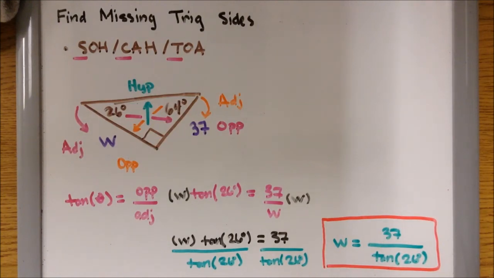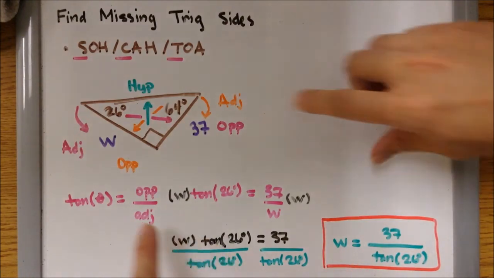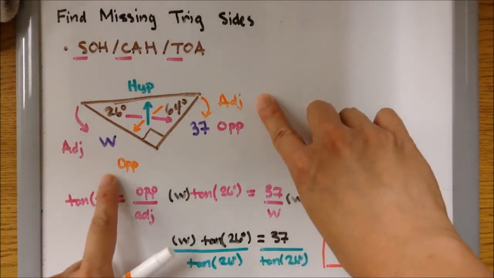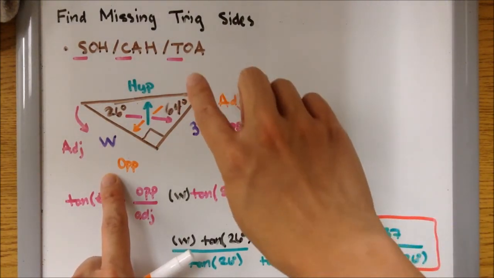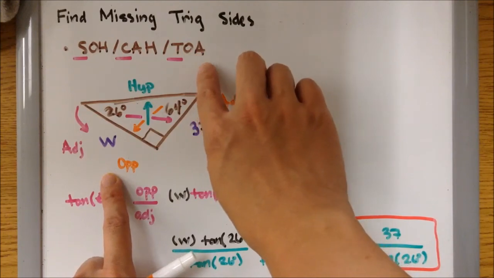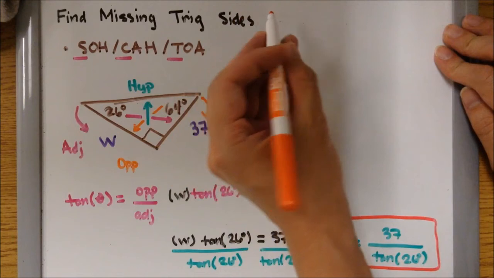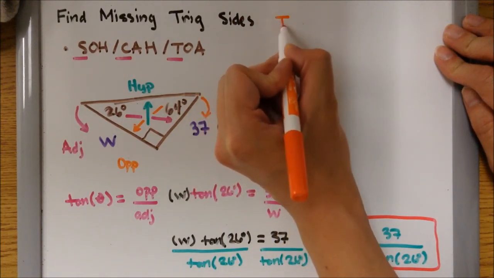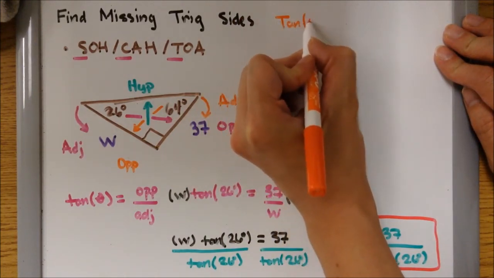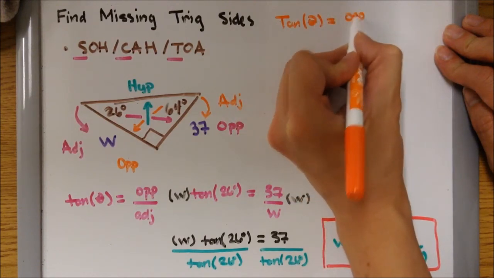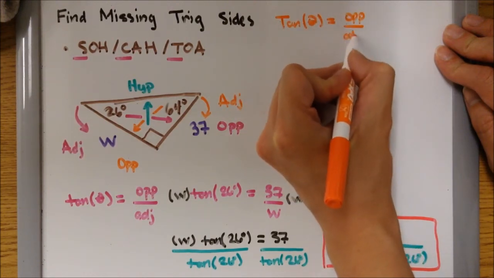Now, if I chose 64 degrees, which is fine, I'm still going to set it up here. Now, the 64 degrees still uses adjacent and opposite, so I'm going to be using the same function, tangent, because OA. So tangent theta is equal to opposite over adjacent.